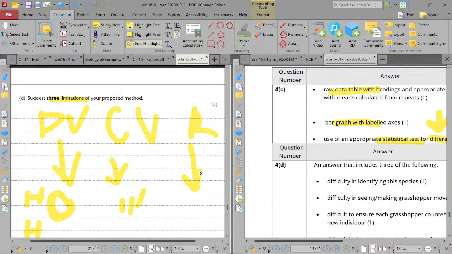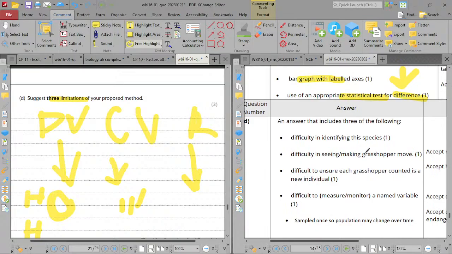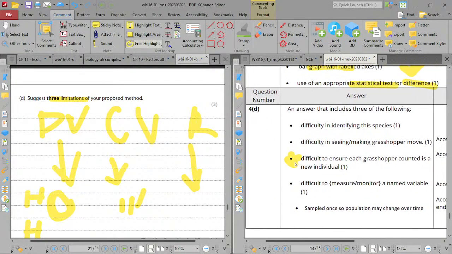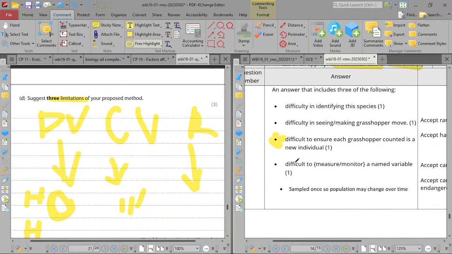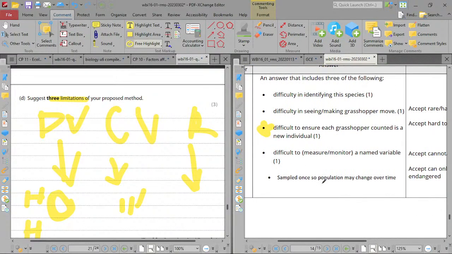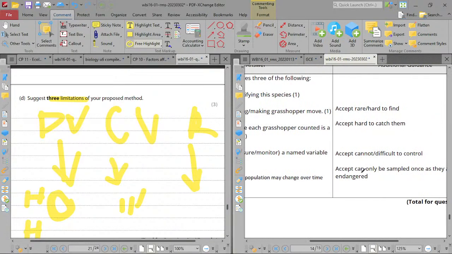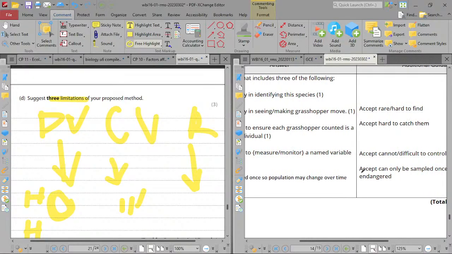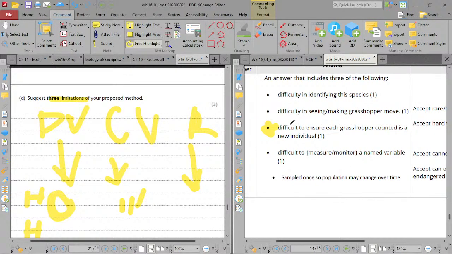Okay, so difficulty in identifying, difficulty in seeing, difficulty in ensuring a grasshopper is counted as a new individual. I did not say this. This is a pretty big one because, is it fitting in the quadrat or not, right? Difficult to measure or monitor light intensity. Sampled once, so population may change over time. Okay, I did not write that. So I did this, I did this, I did this.